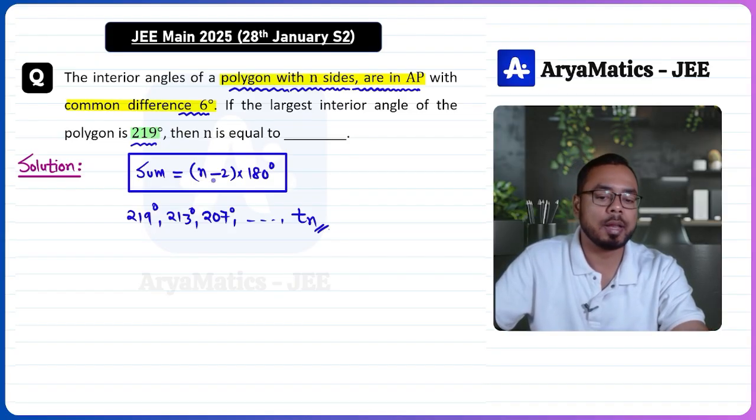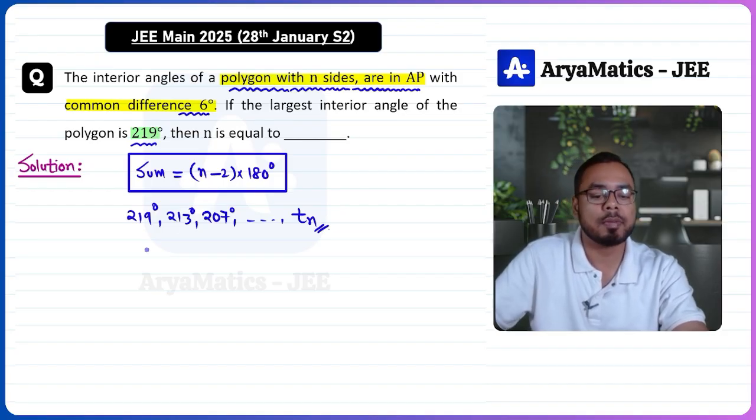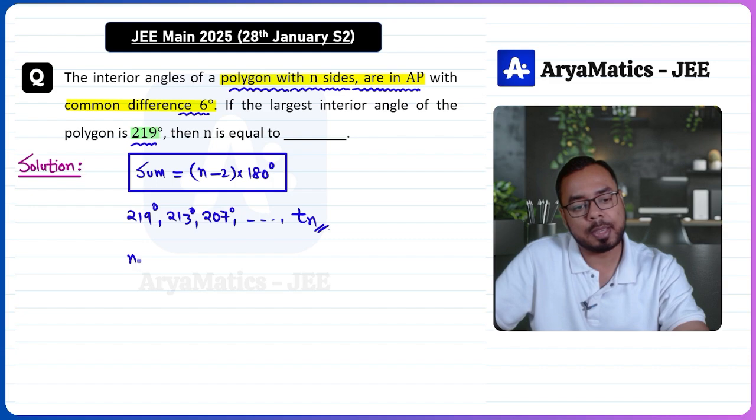And we know that the sum of all angles must be n minus 2 into 180. So now we have to use the formula for the sum of n terms of AP, equate it with this number and then find the value of n. So n minus 2 multiplied by 180 is the sum of all the interior angles.